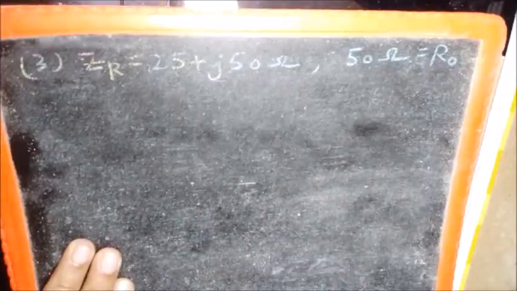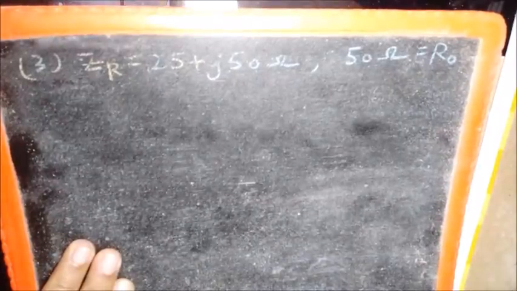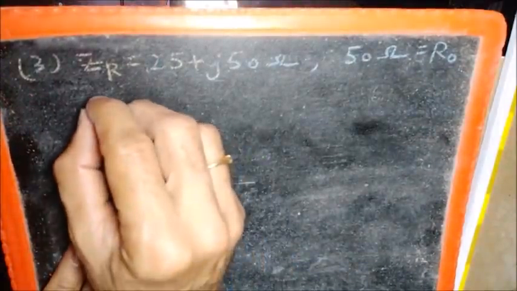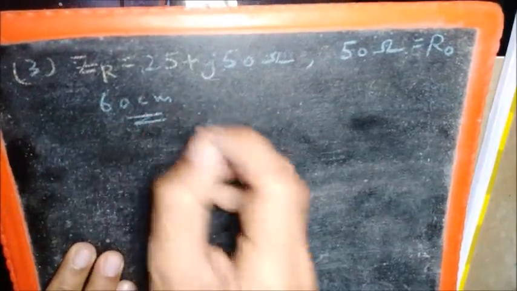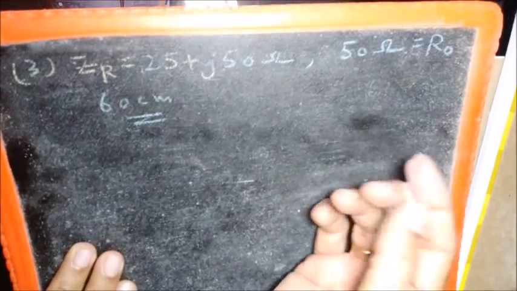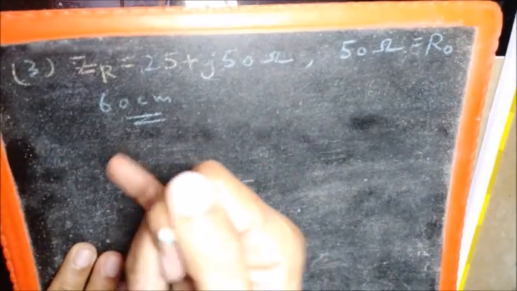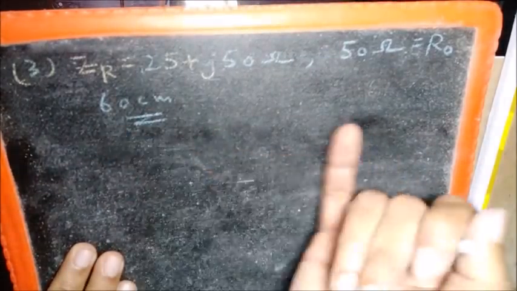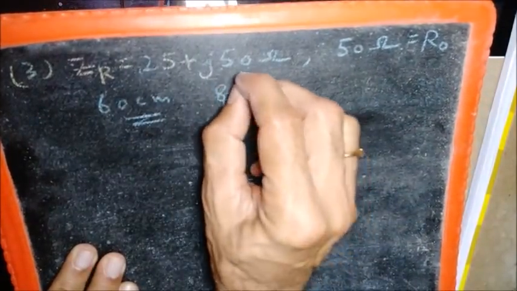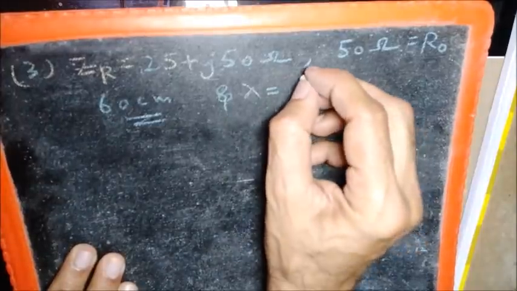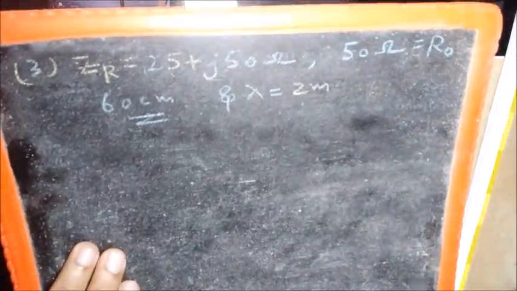Now, if the line length is 60 centimeters, that is the length of the transmission line from the source to the load is 60 centimeters, 0.6 meters, and the wavelength is 2 meters.